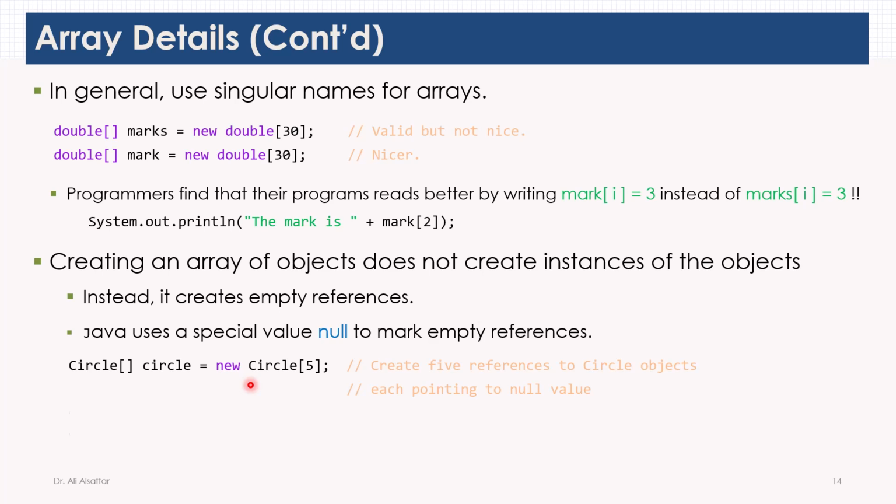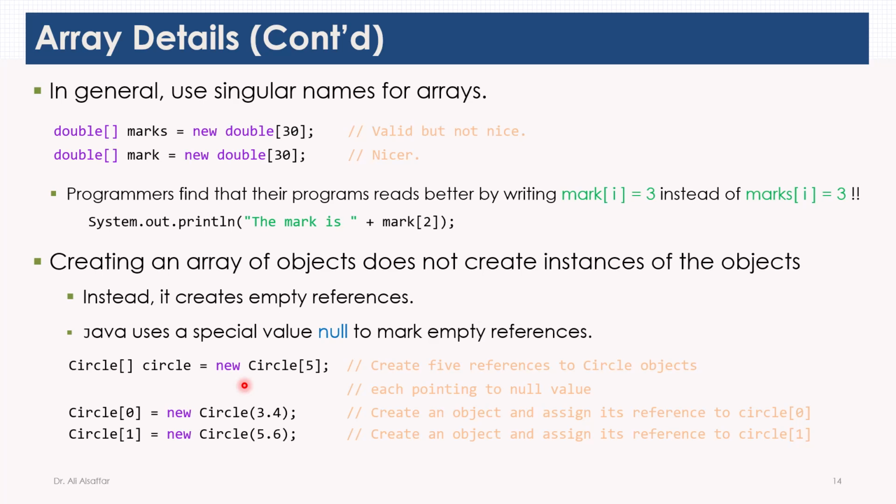In other words, if you want to make elements of this array point to objects, then you have to go over the elements one by one and create an object for each of these elements. Here is how to do this. For example, if I want to create an object in the first element of the array, remember that the first element of the array refers to a circle object. And if you want to create an object and make this element point to this object, you write circle 0 equal new circle 3.4.